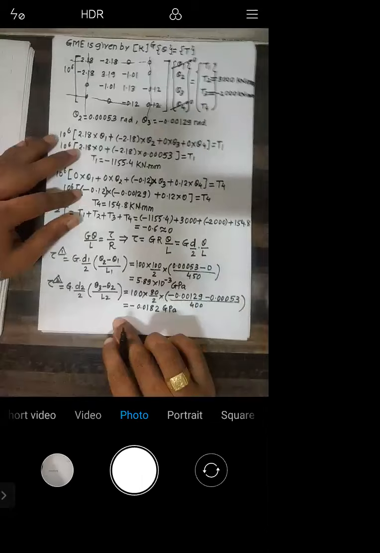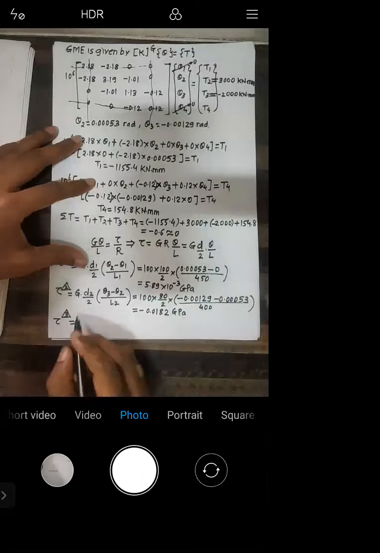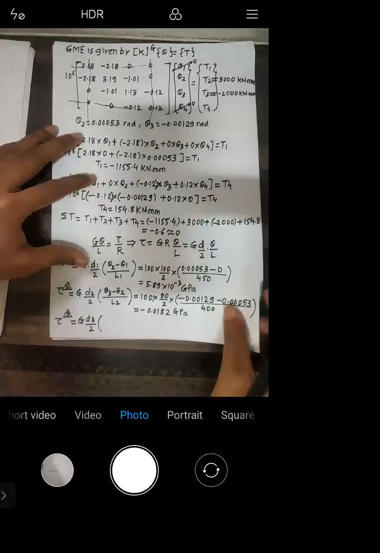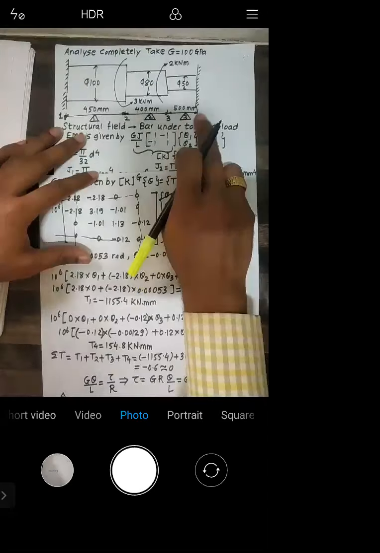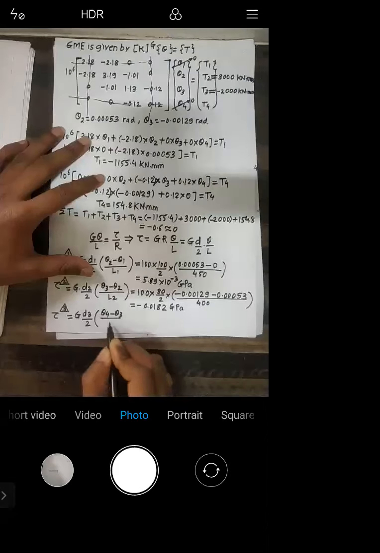Now calculate the stress in element number 3. I will calculate the same, G D3 by 2. For element number 3, the node numbers are 3 and 4. So theta 4 minus theta 3 upon L3.